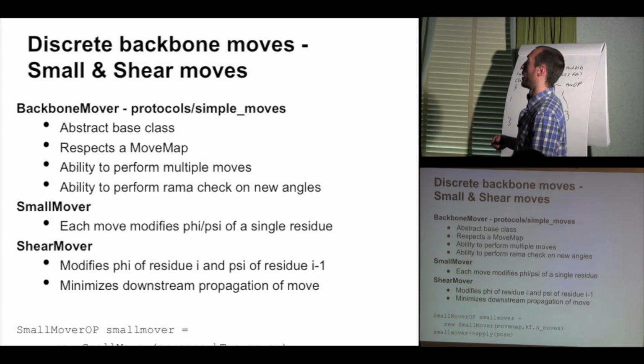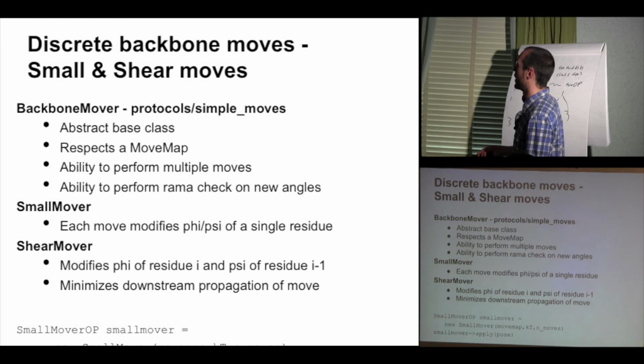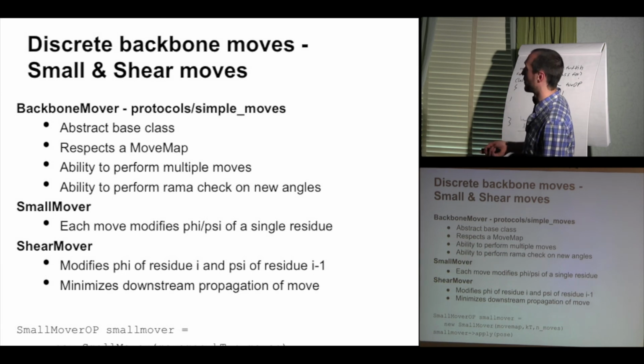With a backbone mover you can perform lots of these moves in one apply, and you can do things like check your Ramachandran score for any new torsion angles that you come up with from these moves.